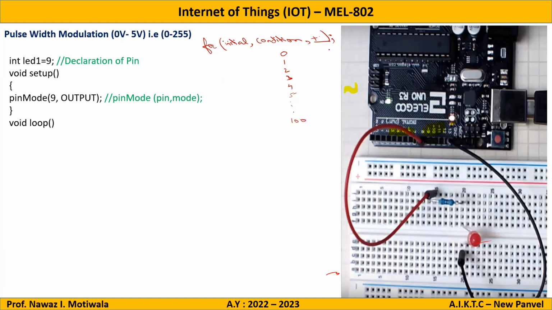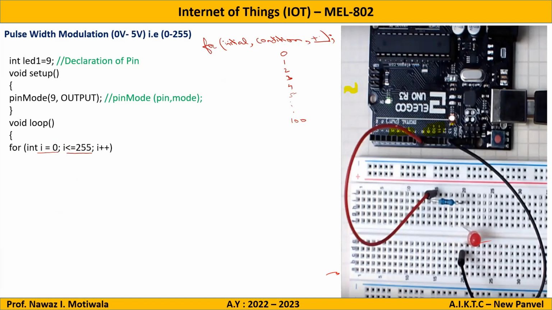So let us start with that. Now I will write here for (int i = 0. Here we are starting from 0 as the initial condition. Our LED should not be glowing at the initial start. Then the next condition, the check condition, is i less than or equal to 255.